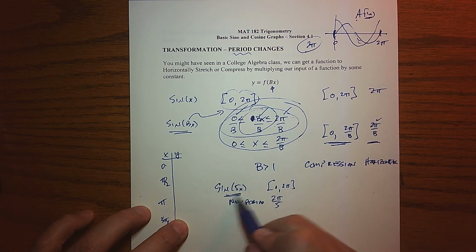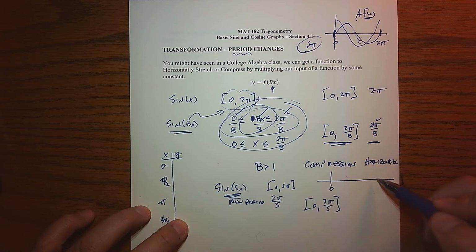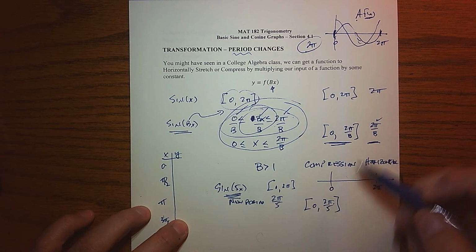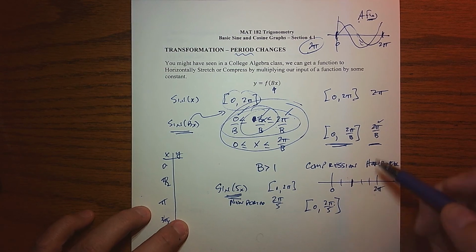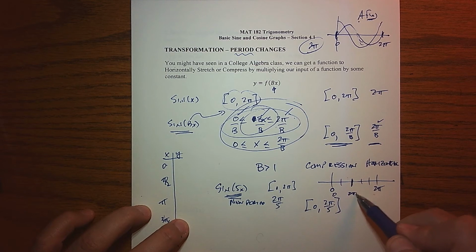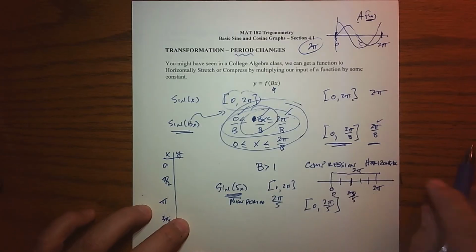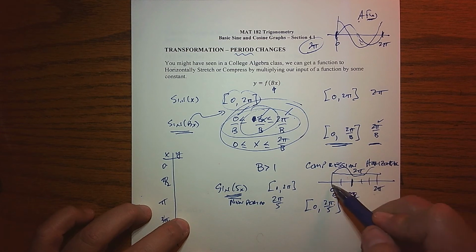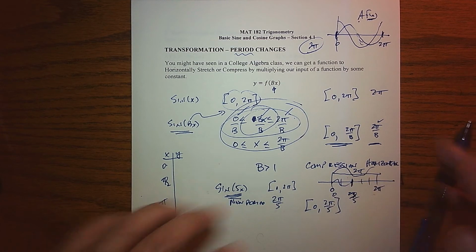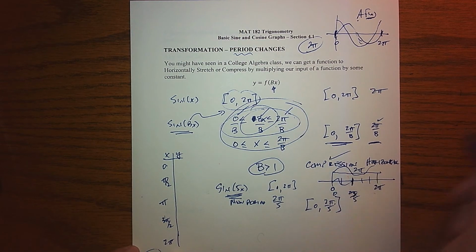So this is going to do everything it's going to do over 0 to 2 pi over 5. If we compare, here's 0 and 2 pi, and 2 pi over 5 would be breaking this up into fifths, so that would be right here. So here's 0 to 2 pi over 5 compared to a 2 pi interval. You notice what happened: what used to happen over a complete interval is going to happen just over that. So we're taking the sine graph and compressing it. So with b greater than 1, there's a horizontal compression.